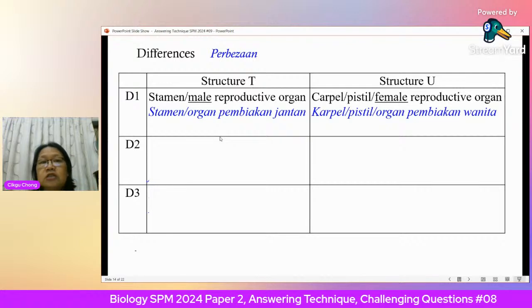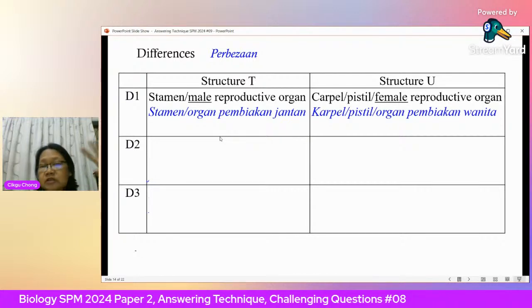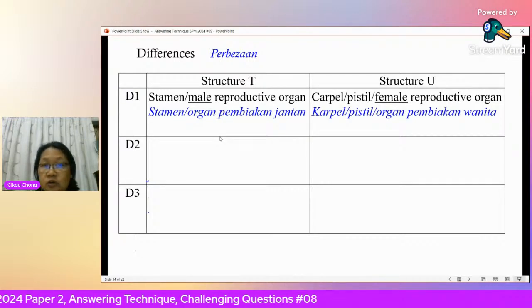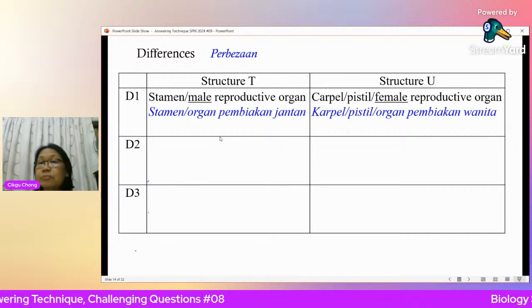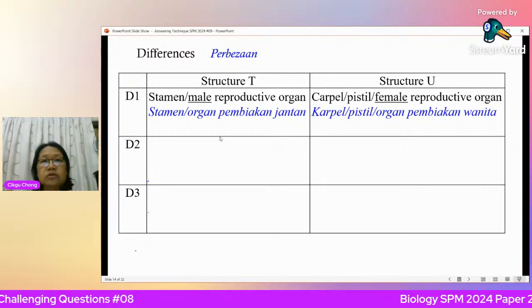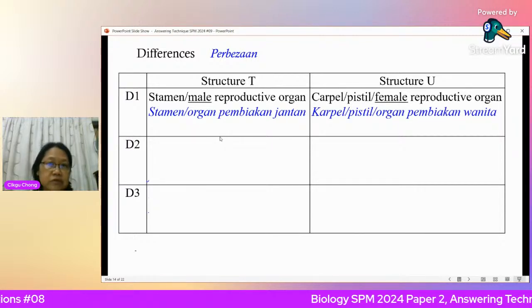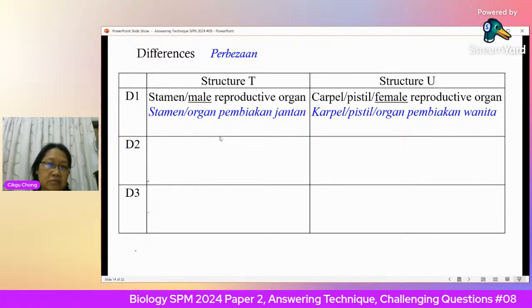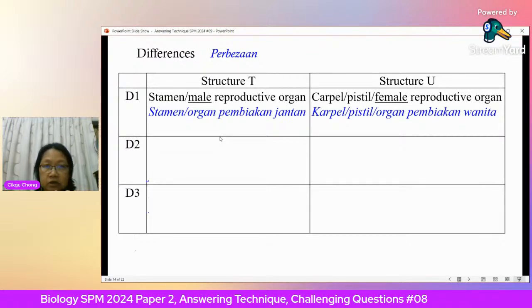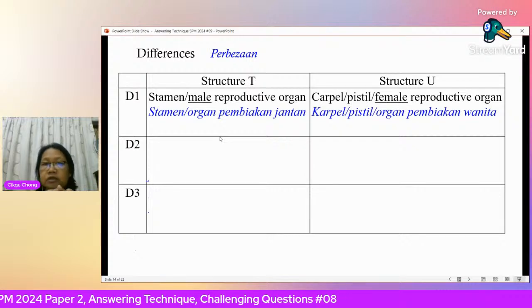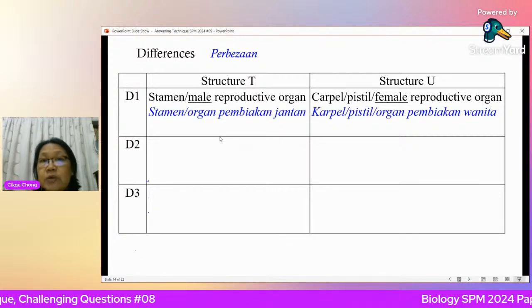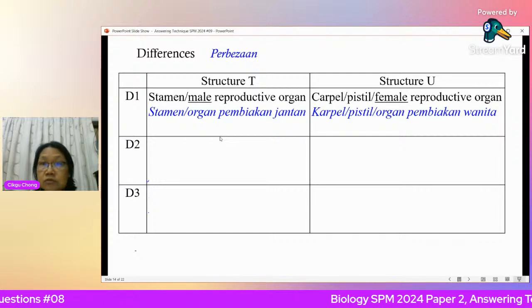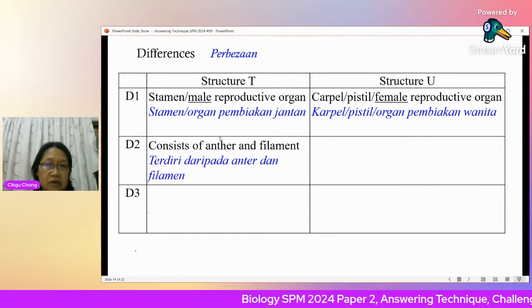Do not write one whole paragraph on structure T, finish your story about structure T, then the next paragraph on structure U. Never do that because you will get very little marks. You always must compare point by point together in one sentence. Remember, this is a technique in Jawab. If you don't do that, you're going to lose a lot of marks.